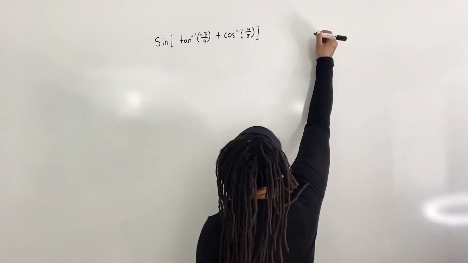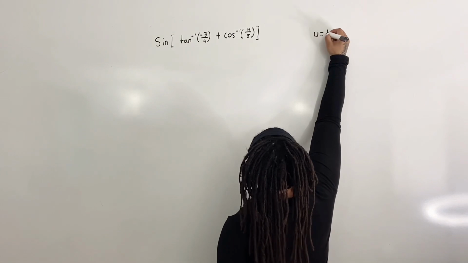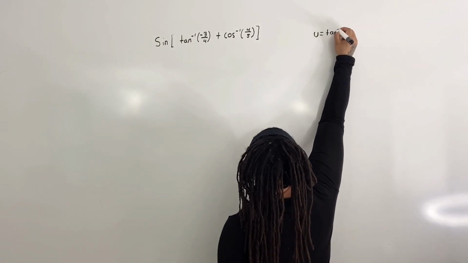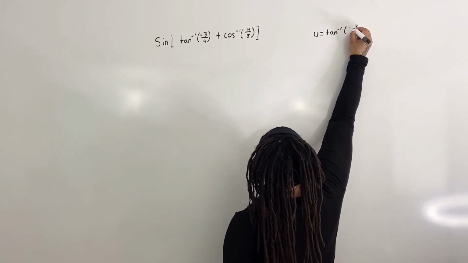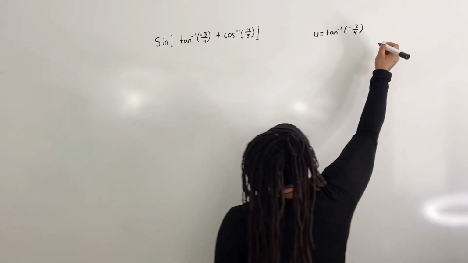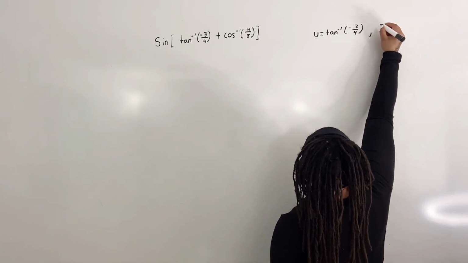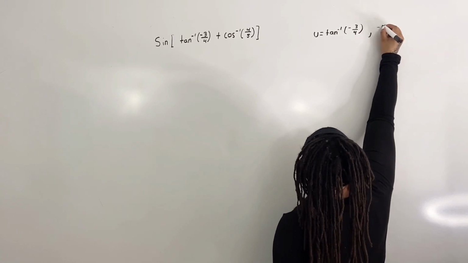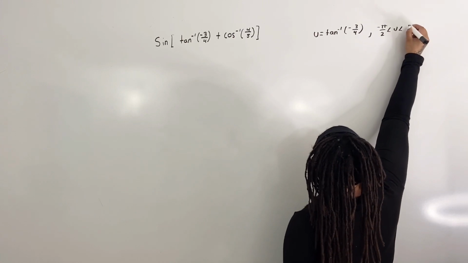So let u equal tan inverse of -3/4. And we're going to restrict u between -pi/2 to pi/2.